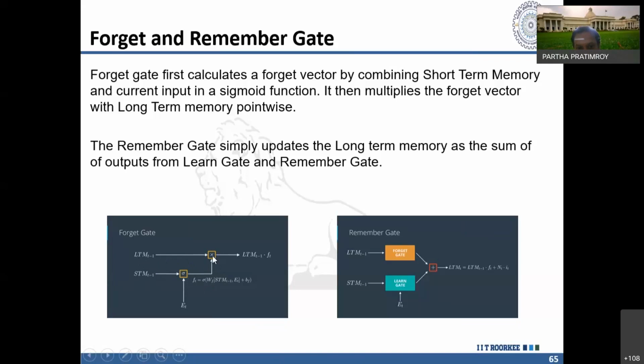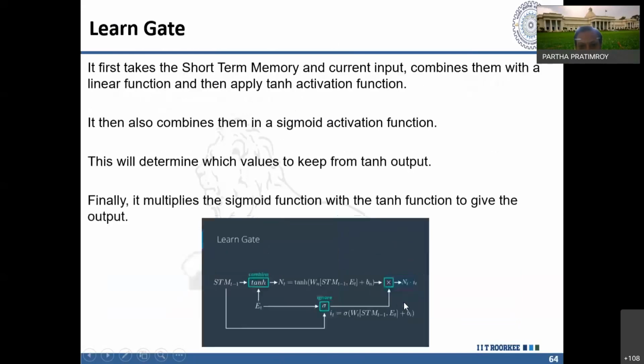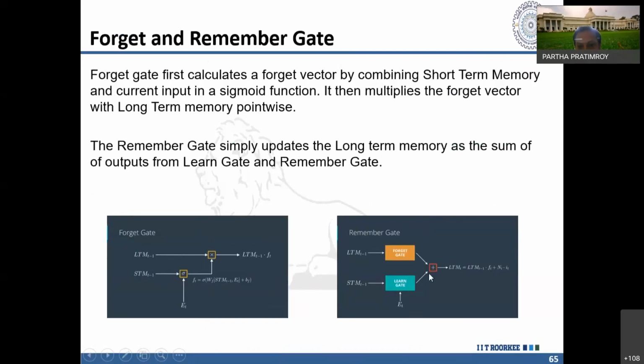So long-term memory is connected, you use this LTM minus 1 into Ft. So this is actually processed as a forget gate. And then the remember gate, whatever you have in LTM t minus 1, you apply this forget gate and you use this learn gate, both. Okay, combine them together and you receive this equation.